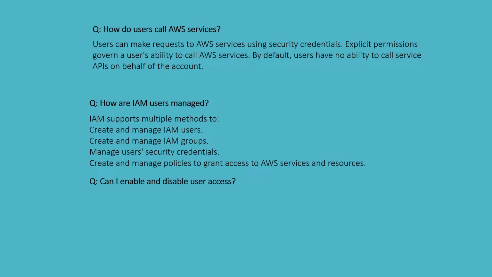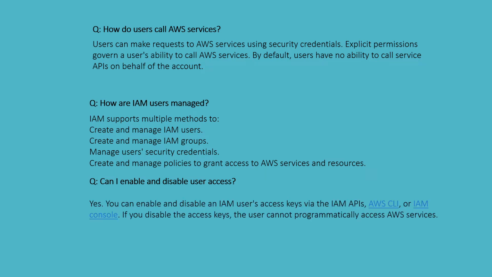Can I enable or disable user access? Yes, you can enable and disable an IAM user's access key via the IAM API, AWS CLI, or IAM console. If you disable the access key, the user cannot programmatically access AWS services.